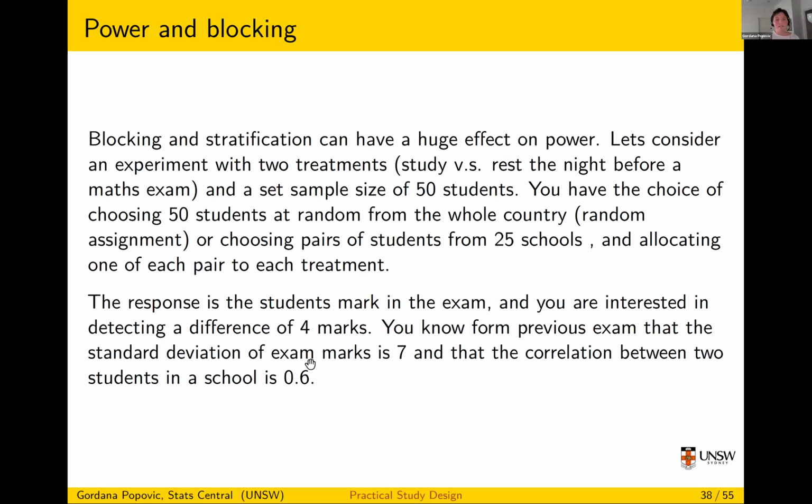So that's reasonably high. What that means is, school has an effect on people's marks. And so 2 students within a school will tend to have marks that are closer to each other than 2 students from different schools. So they're correlated to one another. And we're going to use this correlation to our advantage.